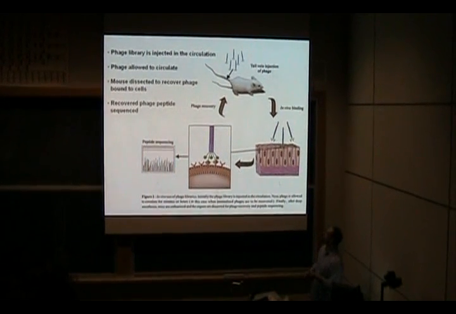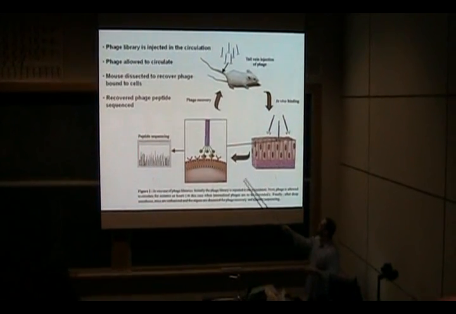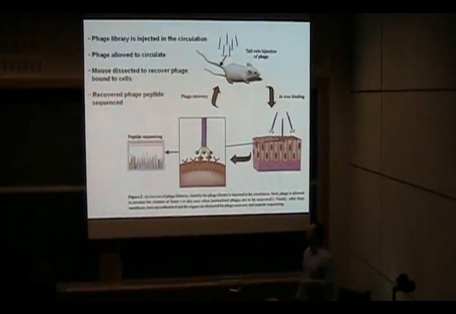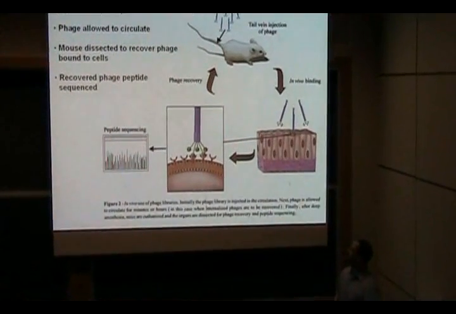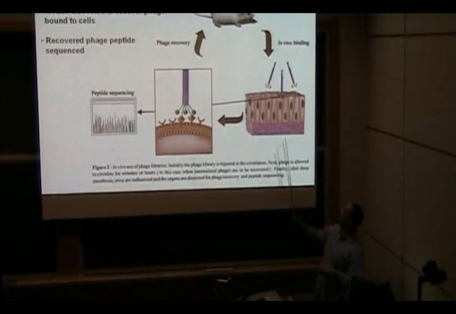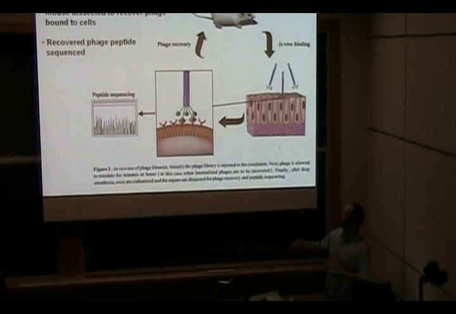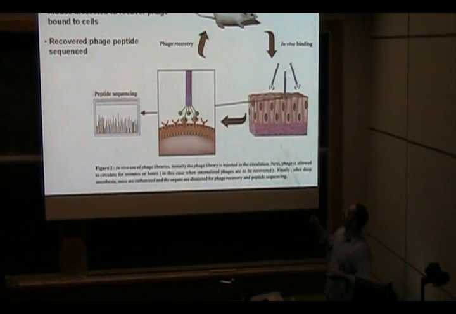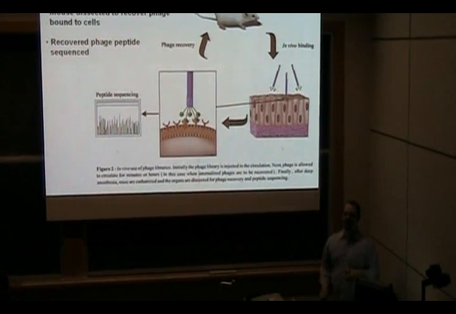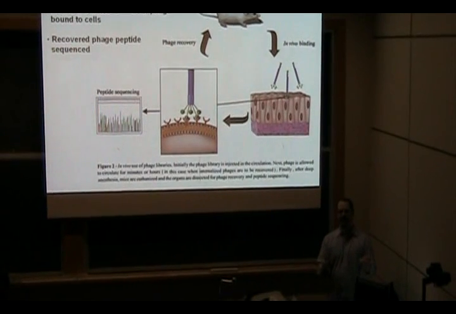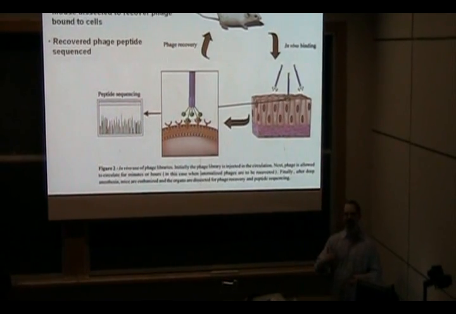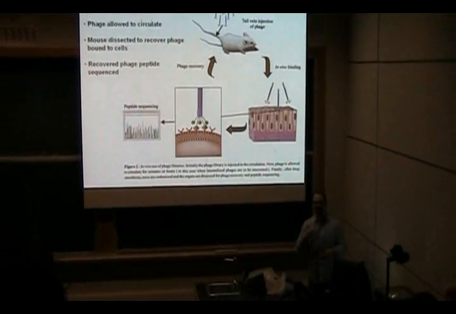You take that and fuse those 15 amino acids to an envelope protein on the phage, and then you inject that into a mouse. Right? You let it circulate through the mouse, you then euthanize the mouse, and you dissect its organs. And you look to see where those bacteriophage bound.